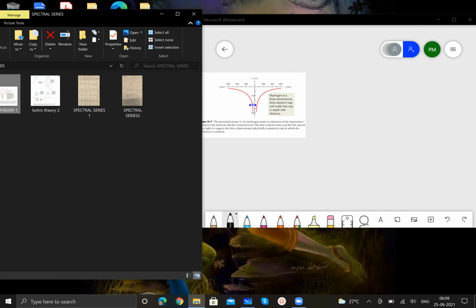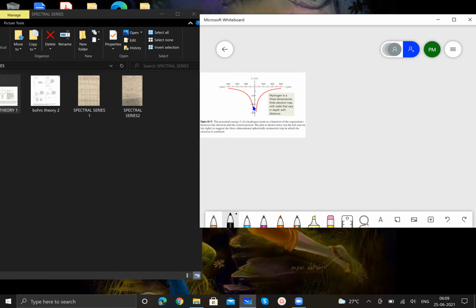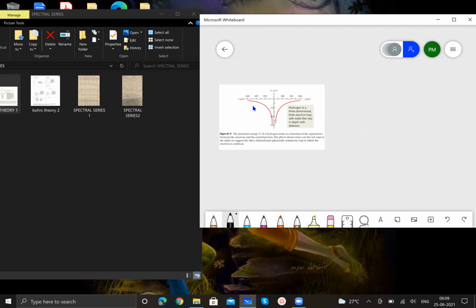So this was the first graph I've shown you, showing the variation of the potential energy. We wrote the formula for potential energy as minus Ze square by 4 pi epsilon 0 R. From this, U varies inversely as R, because Ze and 1 by 4 pi epsilon 0 are constants.